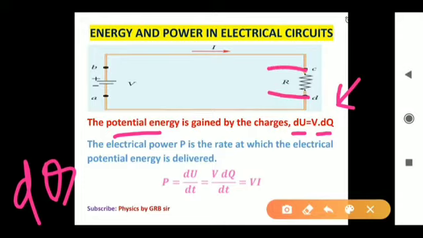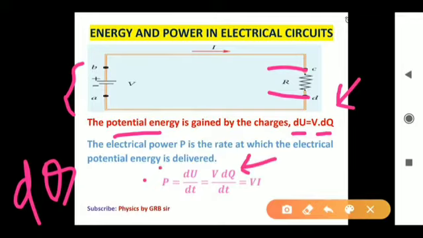The electrical power P is the rate at which the electrical potential energy is delivered. So P = dU/dt = (V/dt)·dq, which equals VI, since the electric current I = dq/dt.